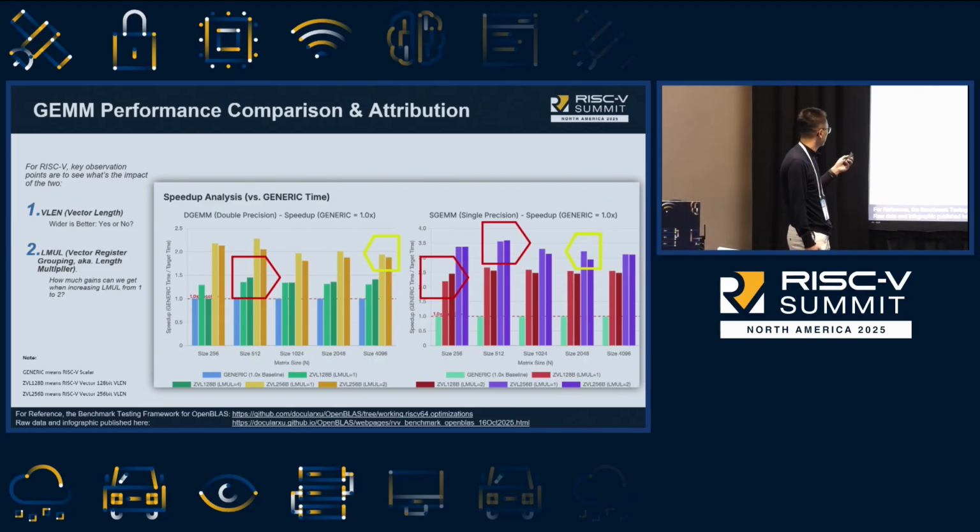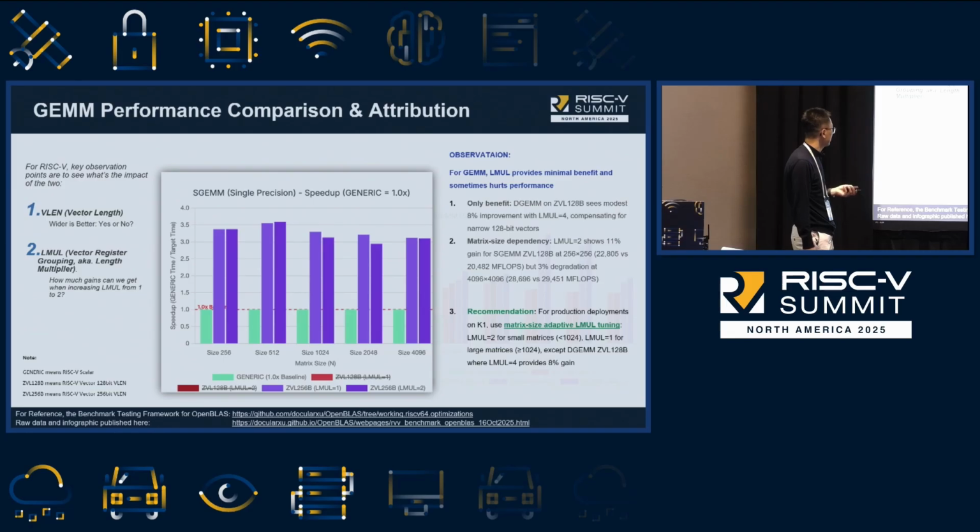But sometimes, as the yellow arrow shows, the length multiplier just makes things worse. It is not helping us; instead the total processing time increased. So that leads me to a simple conclusion and a recommendation: maybe we should consider matrix-size-tuned adaptive LMUL settings.